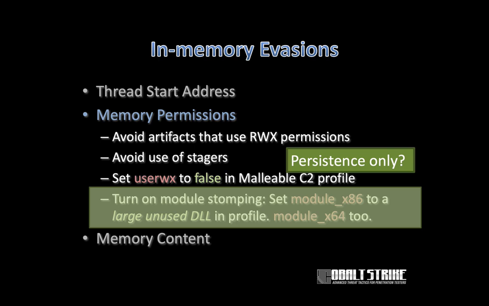Instead, I would consider using module stomping on a team server dedicated to long-haul access or for your persistent Beacon payloads. This step will make your beacons a little bit harder to find in memory and is a good practice to separate your persistence callbacks from your post-exploitation ones.